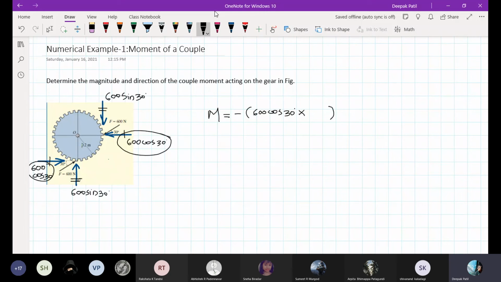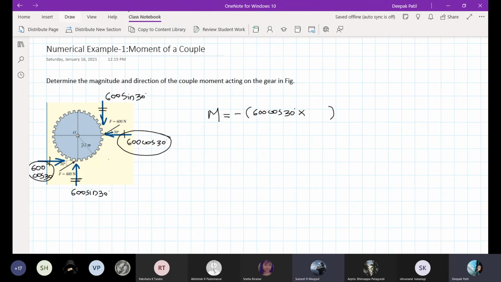The radius of the gear is 0.2 meters. So what will be the perpendicular distance? 0.2, sir. Yes, 0.2 itself.